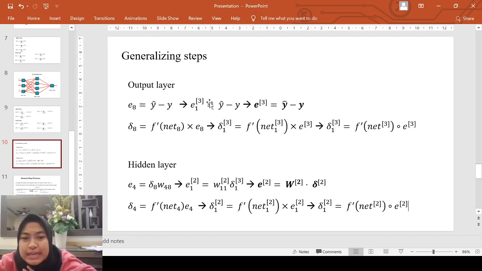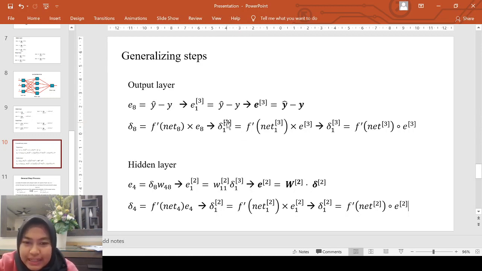So we generalize it: E of the first node of the third layer is equal to y hat minus y. And then delta 8 is equal to f net 8 times E8. So we change it to the generalized notation.